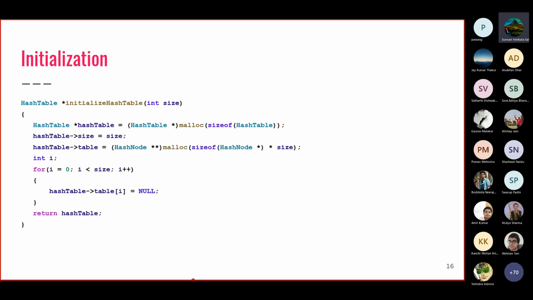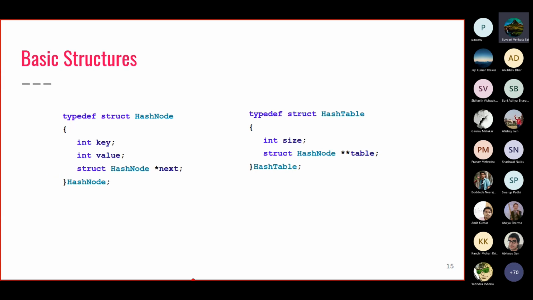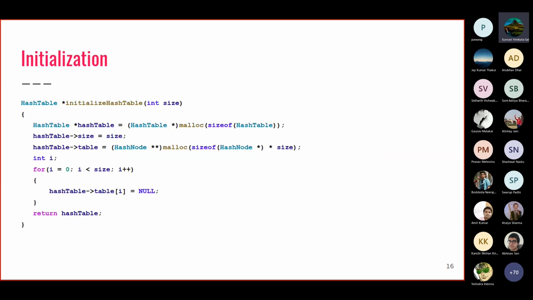Can you go to the previous slide once again? Yeah, obviously. Okay. So here I'm defining the hash table using dynamic memory allocation, and then with the size of the hash table, I'm iterating through it and setting all the values to null. That is the initialization for the hash table.